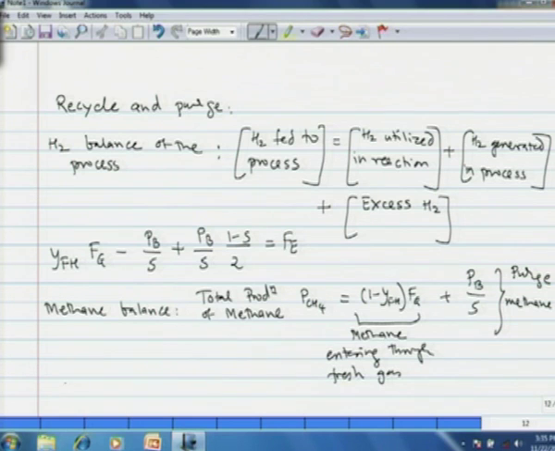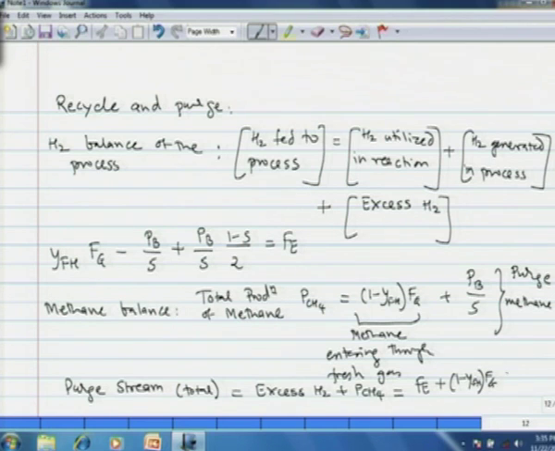However, the purge stream total should comprise the excess hydrogen plus methane that is produced in the process, and therefore, the expression for the purge stream is Fe plus 1 minus YFH into Fg plus Pb by S. The purge stream we denote by letter Pg.